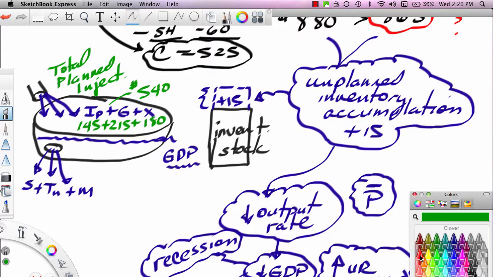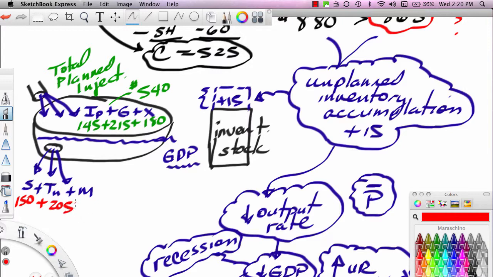Now let's contrast that with the leakages. If you add up the saving in the system, remember from earlier lessons that saving could be business saving and household saving. So we need to add up depreciation allowances, retained earnings, and saving by households. If we add those together, we get 150. If we add up all the taxes and subtract transfers, we get net taxes of 205.